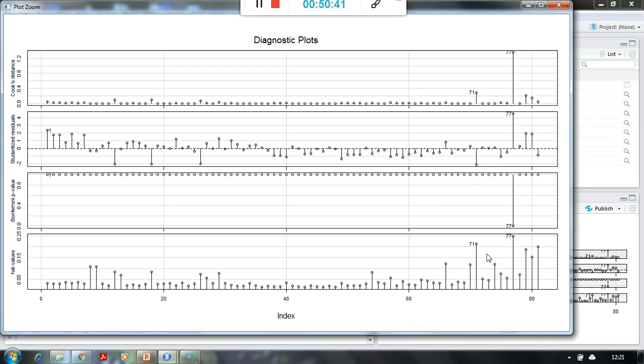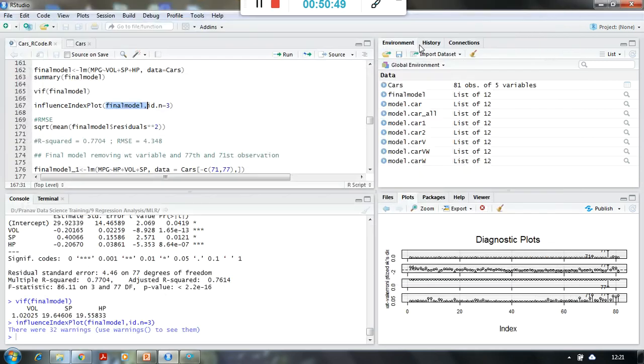So all four are pointing towards 77, which means the 77th observation is really having some problem, right? That is one confirmation we have made, and we don't want to use the weight column. These two confirmations we have made till now, but let us see how we move ahead.